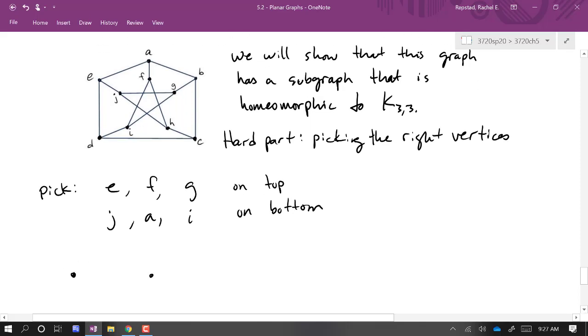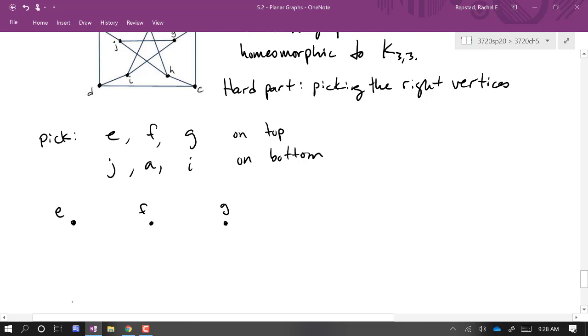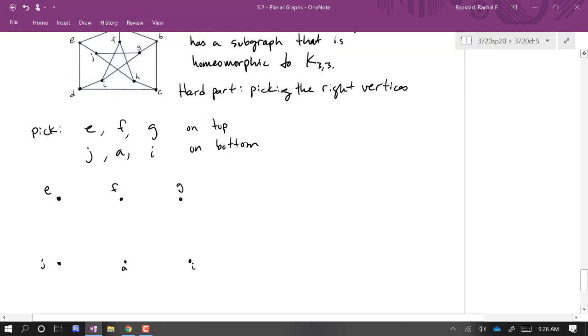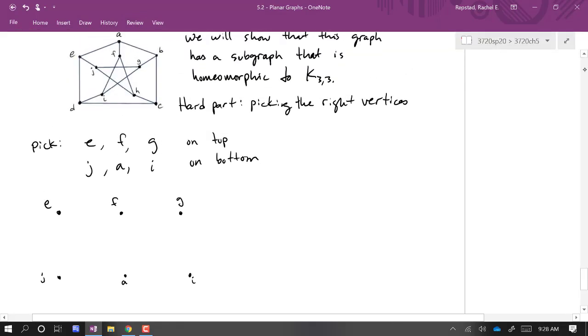So E, F, G, and then J, A, and I on the bottom. Okay, I'm going to zoom out a bit so that we can see both the given graph and the vertices that I drew here. Okay, so what edges do we have here?